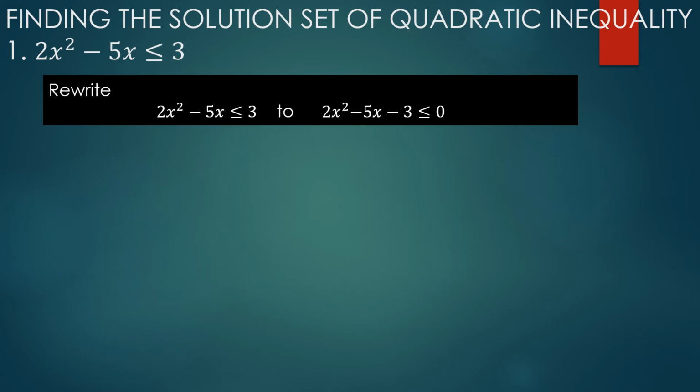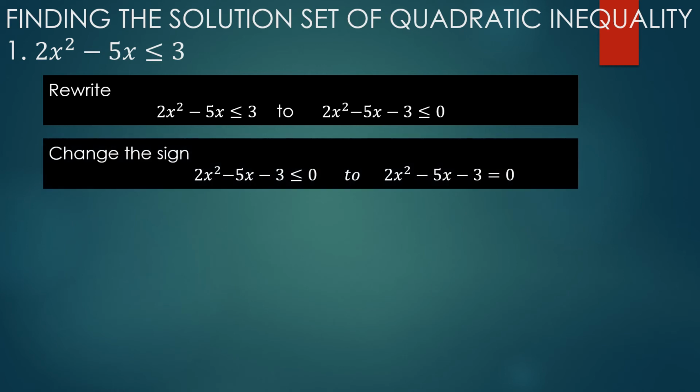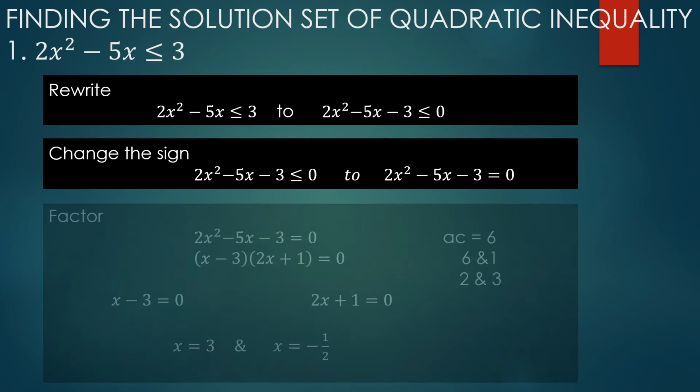Ililipat lang natin yung positive 3 sa kabila. Okay? So, dapat magiging 0 na yan sa kabila. After that, change the sign. Kanina, pinalitan natin yun ng sign. Same din dito, papalitan natin yung less than or equal to symbol ng equals, para ma-factor natin.